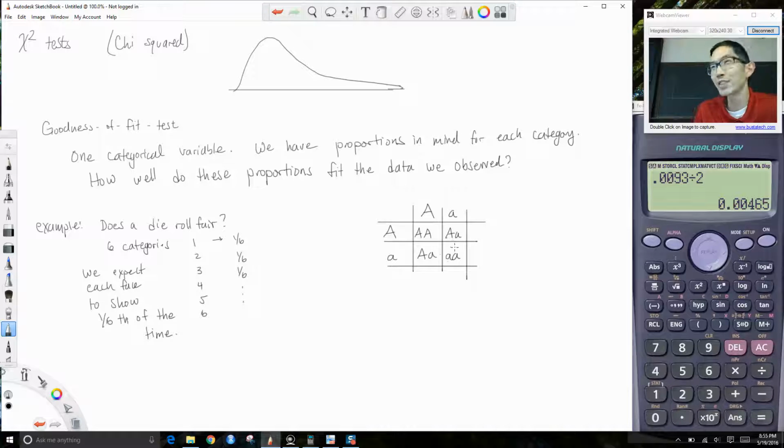We have 3 categories here: AA, A little a, and little a little a. And then the proportions we expect to show up are something like 0.25, 0.5, and 0.25.